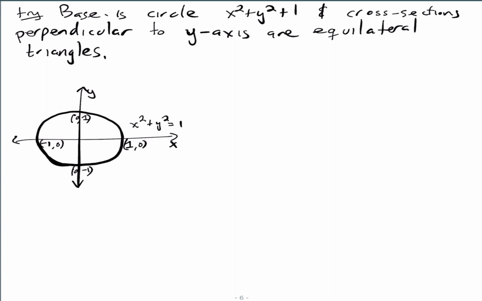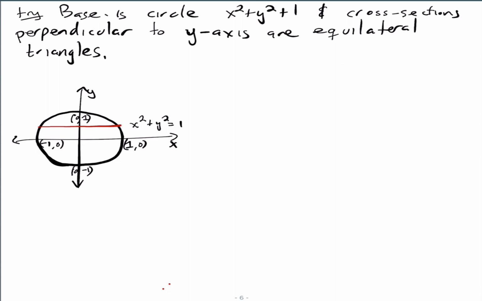Okay. Anyways, it says the cross sections perpendicular to the y-axis are equilateral triangles. Okay, so perpendicular to the y-axis, right? So that means the base looks like that, right?